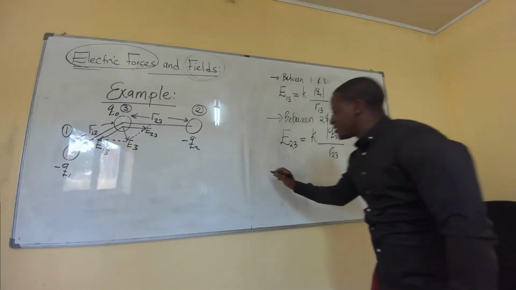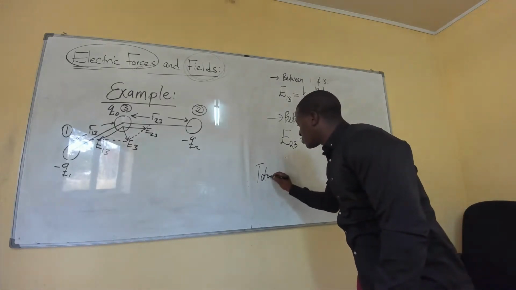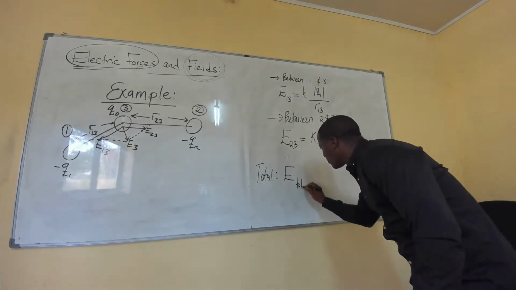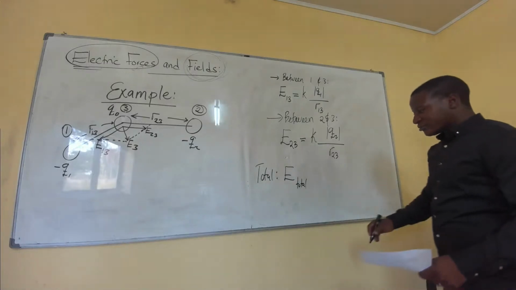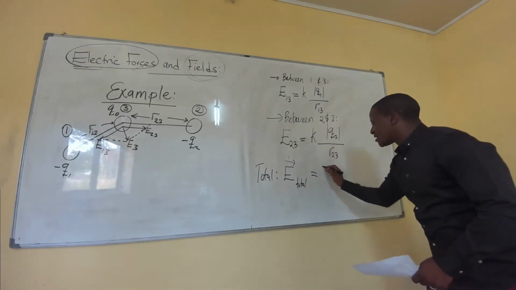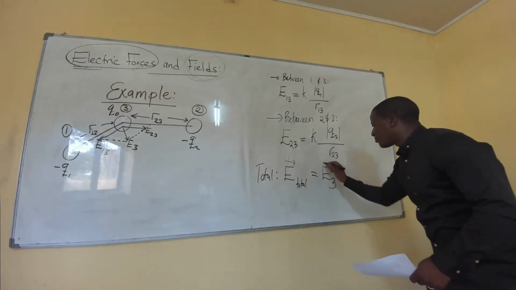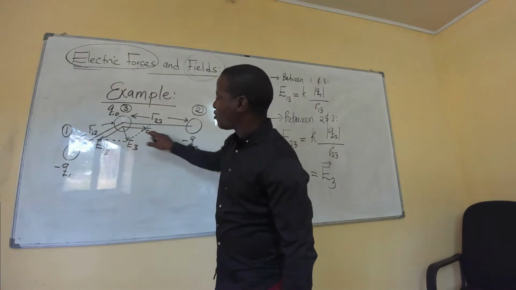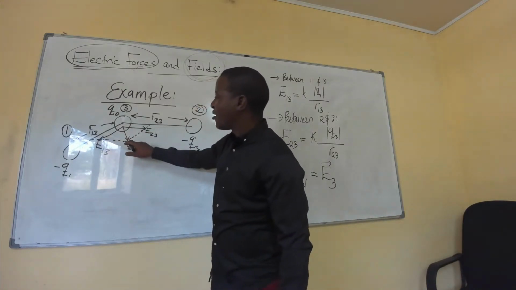So for us to find the total, we have the total, which is this, is the same as E3, which is this one here. We have E23, and that one, this is the resultant force.